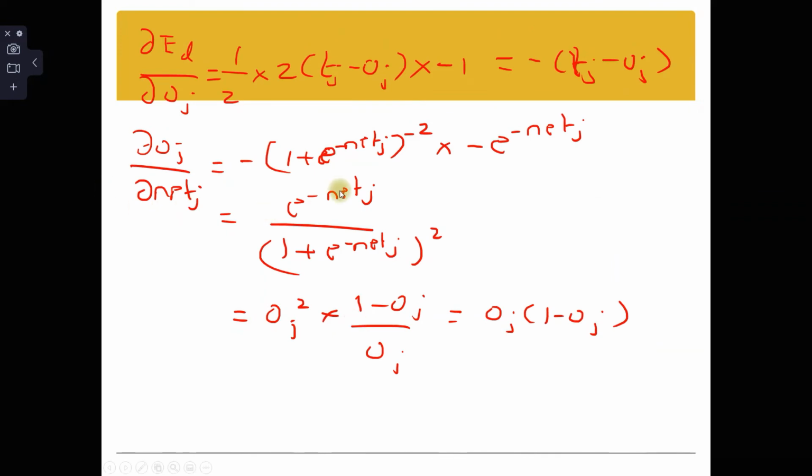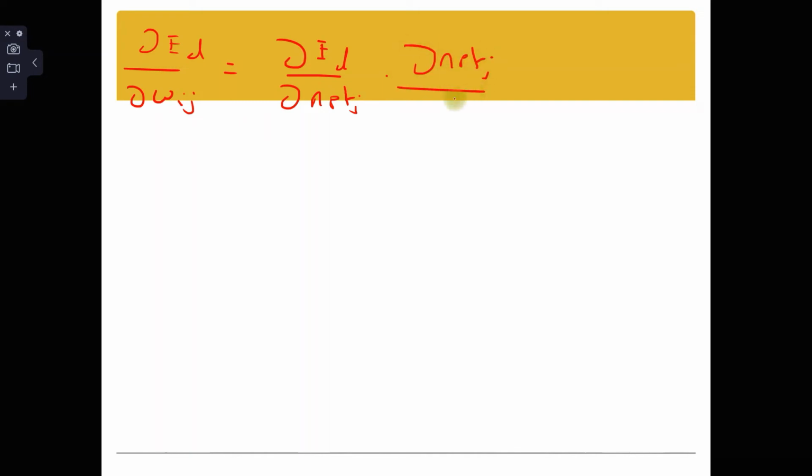So I'll repeat, you have del ed by del wij, which was obtained by del ed by del net j times del net j over del wij. And you have all these different components that were obtained.